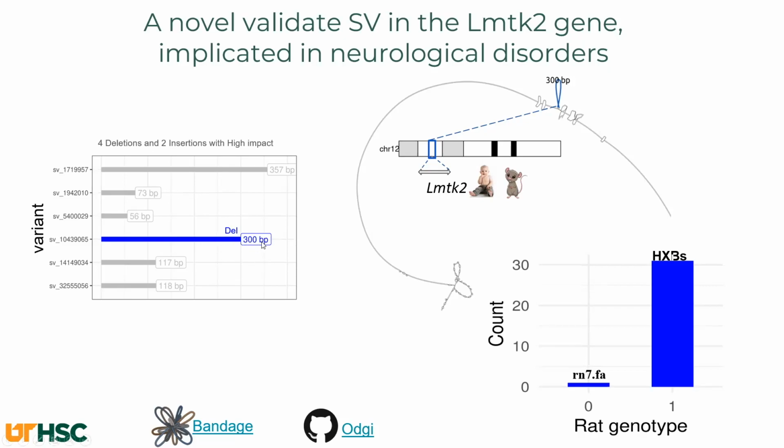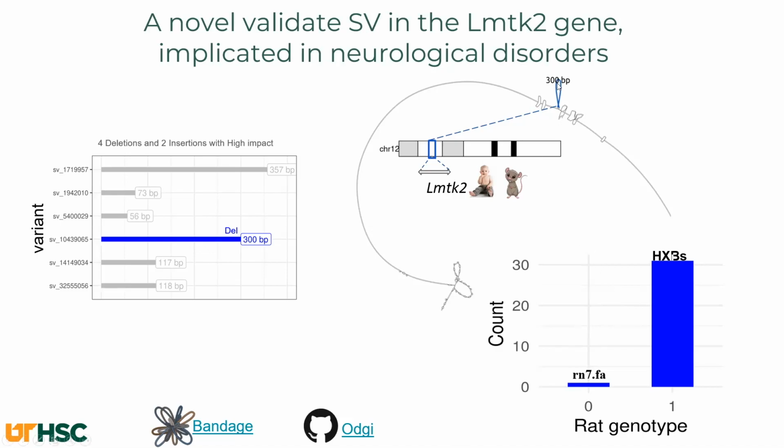But here I want to show you this because I see a strange thing. This structural variation, which is a deletion, is present in all HXBs, but is not present in the reference genome. For me, this is really strange because there are some strains that are pretty close to the reference genome. So maybe there is an error in the reference genome that we don't know about.